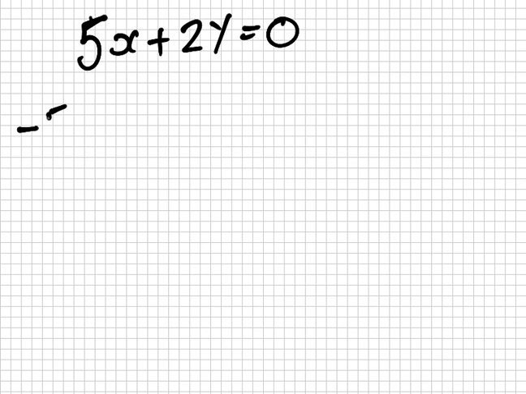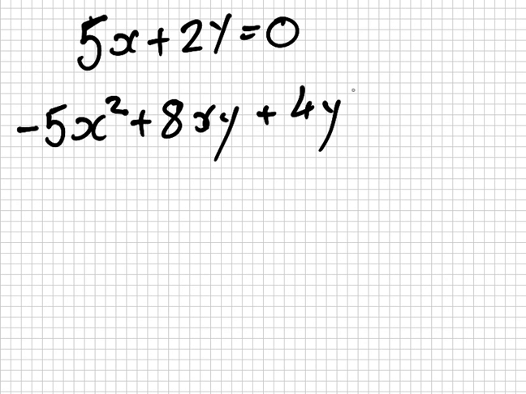So we have 5x plus 2y equals 0, and minus 5x squared plus 8xy plus 4y squared equals 0.